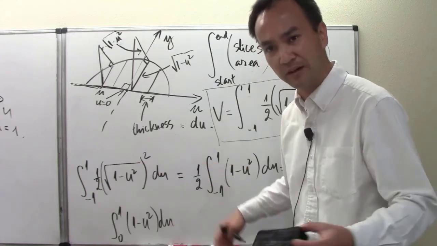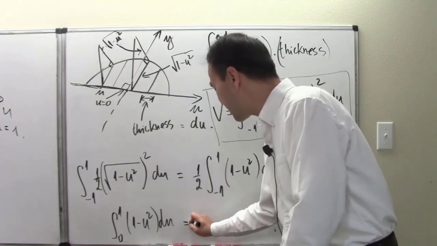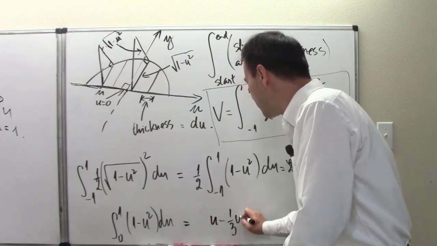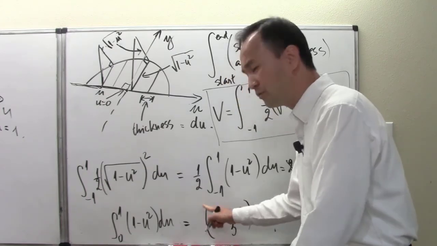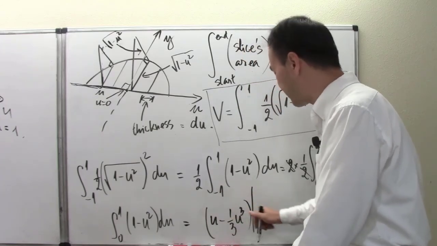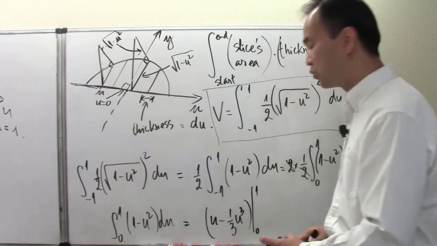And so now the antiderivative is here: u minus 1/3 u cubed, and that's all we need. We no longer need the 1/2. We only need to evaluate this antiderivative from 0 to 1.